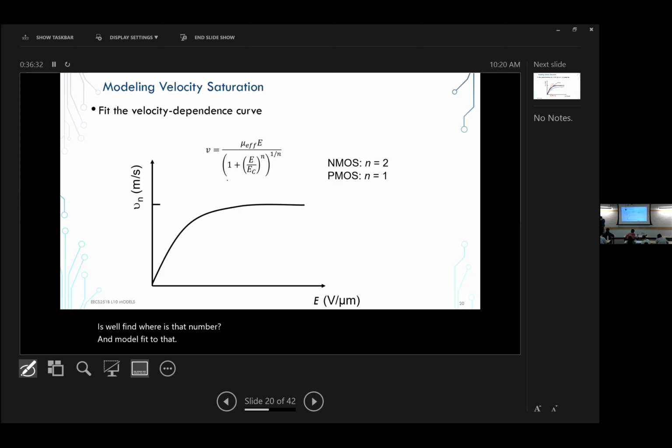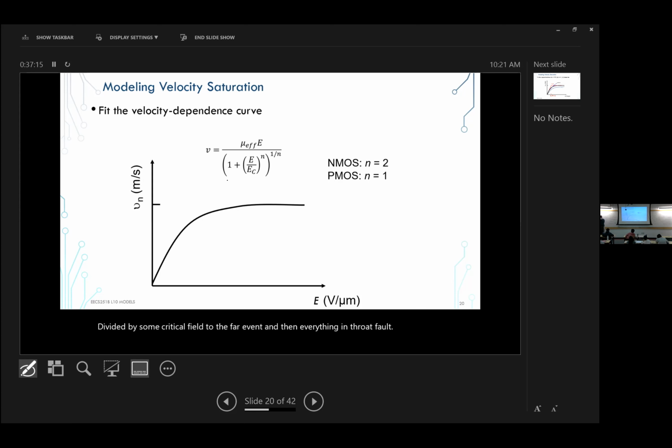If you look at different kinds of device physics books, you will find that they have chosen a fit like this, and there are physical explanations why it would be fit by the equation that says that the velocity is equal to some mu effective, which is the mu that we have been used to seeing for electrons and holes, times the electric field divided by 1 plus (E divided by some critical field EC) to the power of n, and then everything n through off.